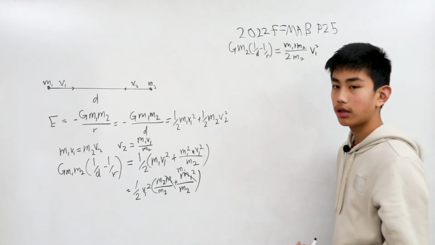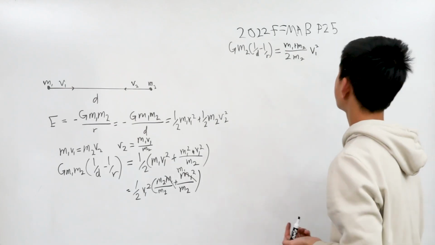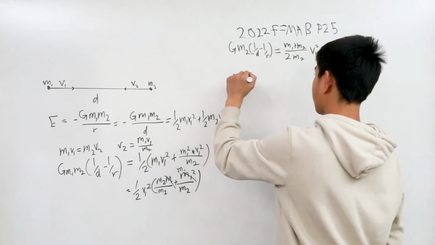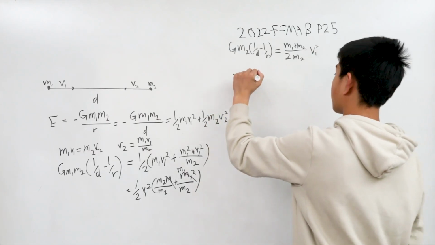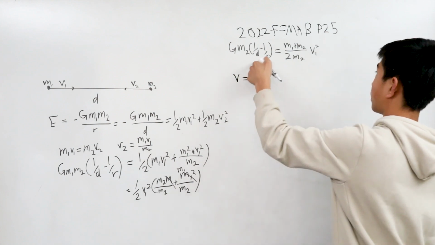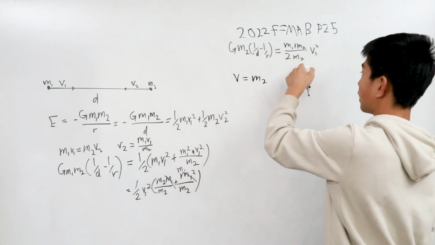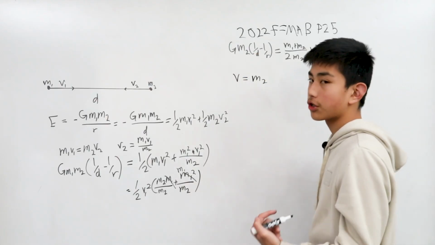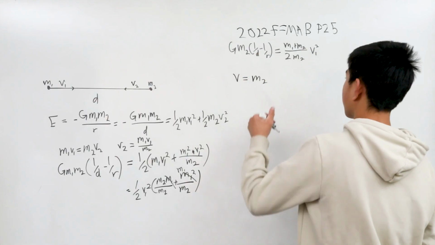We can isolate the velocity of the first object, where V is equal to, well, this is M2 because you take the square root later on, but then you multiply the M2 twice, and since it's a square, it gets factored out of the square root.